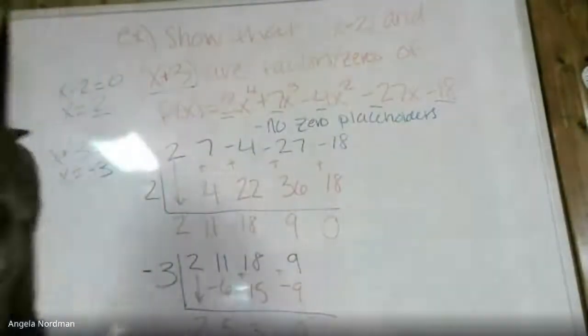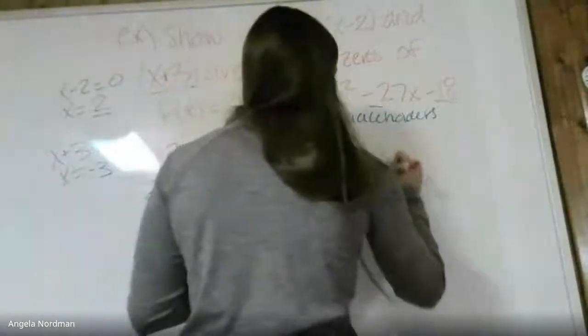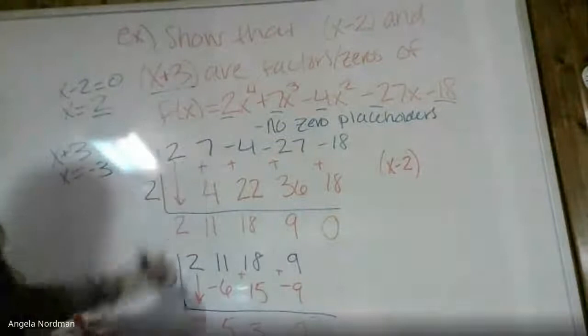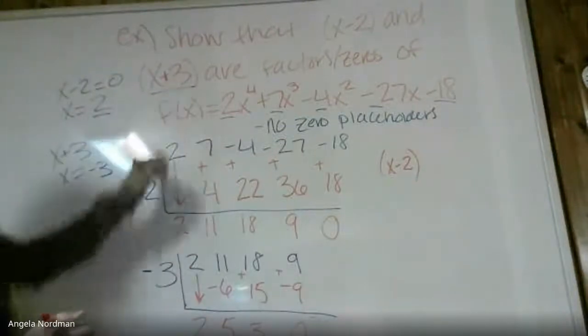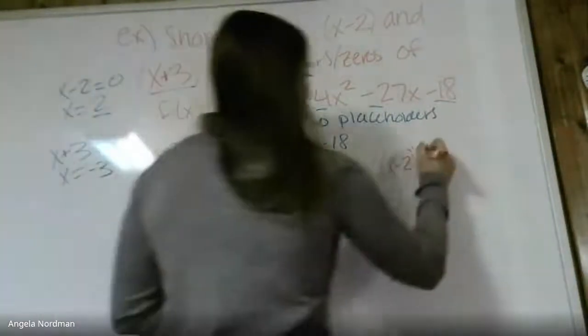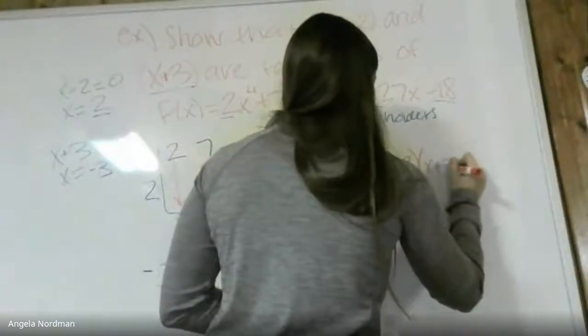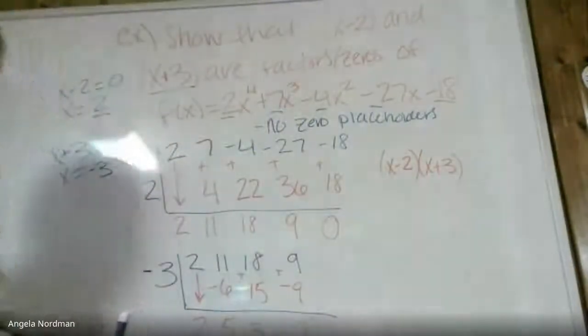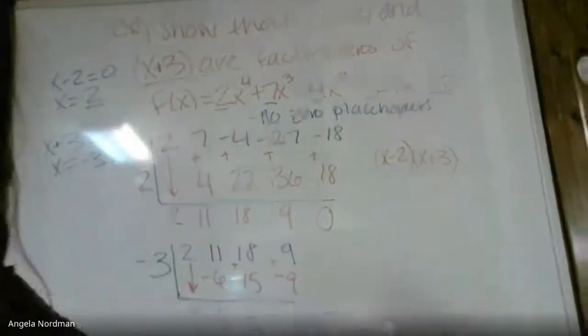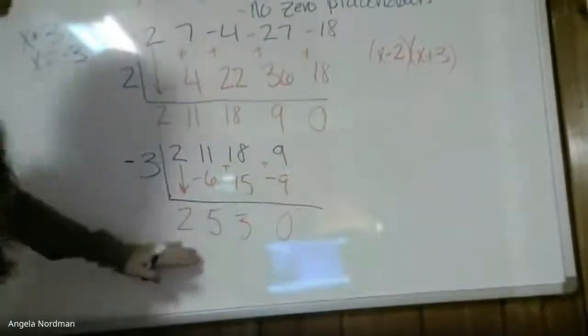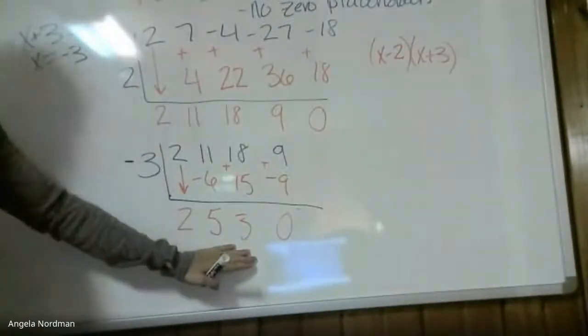So every time I divide by something, that factors it out. So I have x minus 2. Then I divided by x plus 3, right? That was the second one. So then I divided out the factor x plus 3. Now, what's left over is what I have not factored yet.